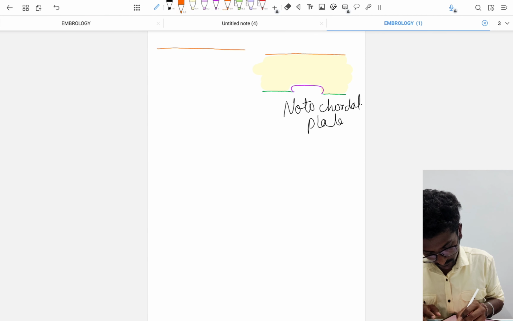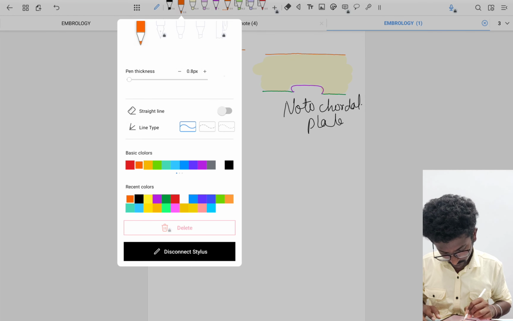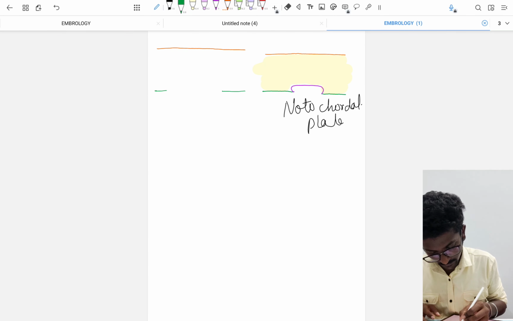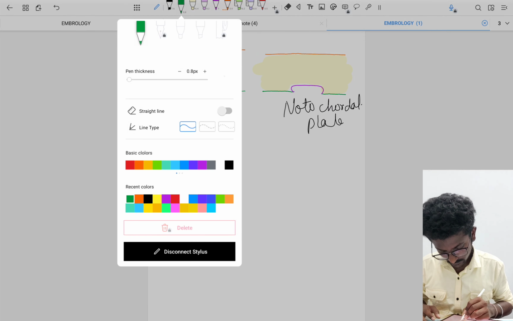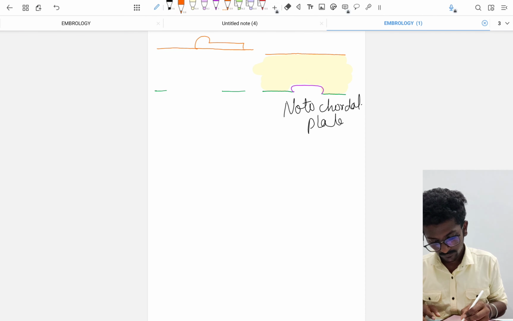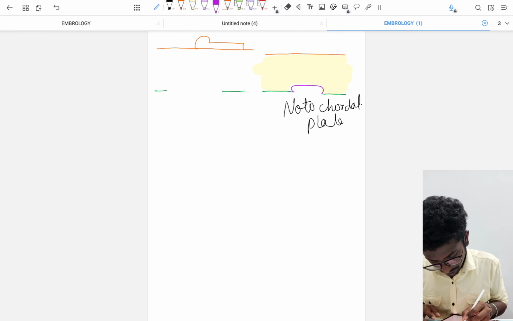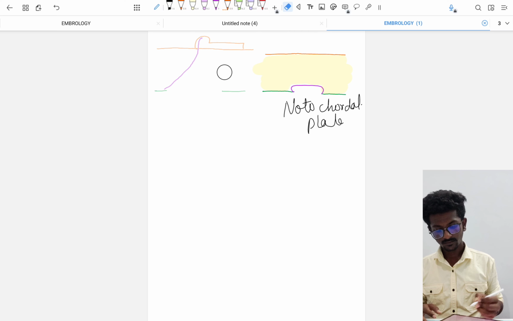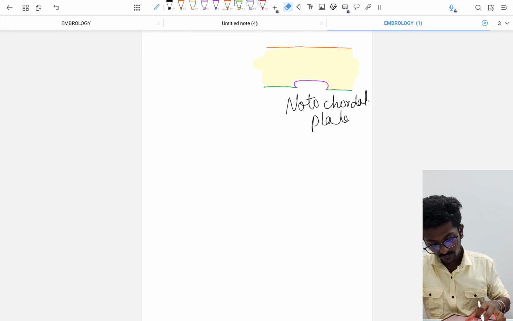The ectoderm, beside that we have the endoderm, okay. Let me make it over here downward.